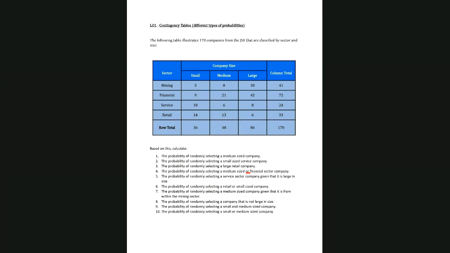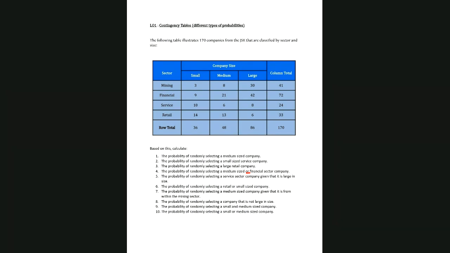So to identify which of the 2 it is, you're going to ask yourself the question of, can these 2 events occur simultaneously? If they cannot occur simultaneously, then it will be a mutually exclusive event. If it can occur simultaneously, then it is a non-mutually exclusive event. So let's look at the question again and identify which of the 2 it would fall into. It says the probability of randomly selecting a medium-sized or financial sector company. So can these 2 events occur together or not?